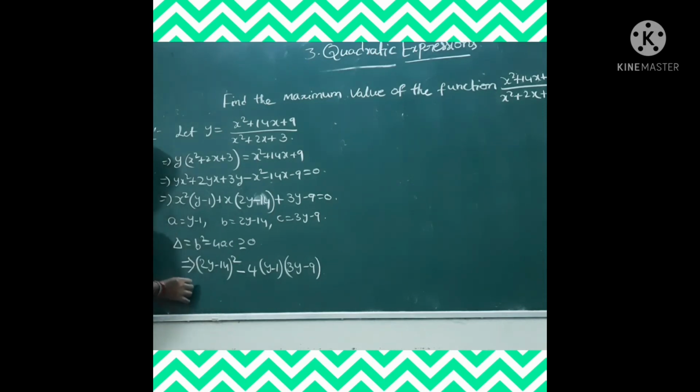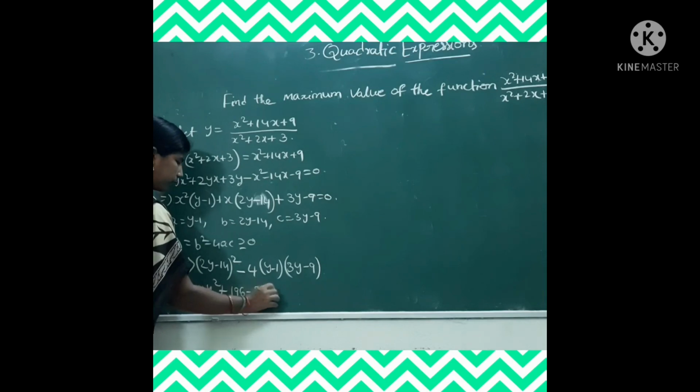Okay, see here, a minus b whole square: 2y means 4y square, a square plus b square means 14 square, 196, minus 2ab. 2ab means 2 twos are 4 and 4 fourteens are 56y.